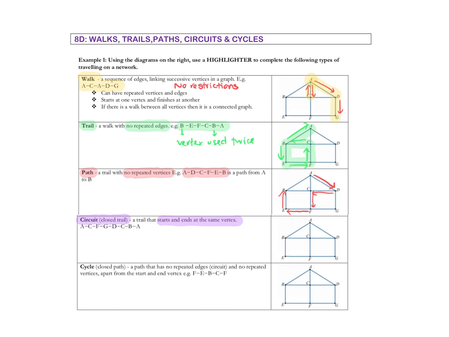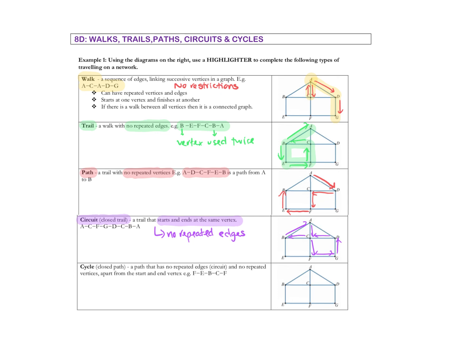It will have no repeated edges, so you might want to write that. A circuit is a trail that goes back. In their example, they went from A to C, C to F, F to G, G to D, D to C, over to B, and then back.